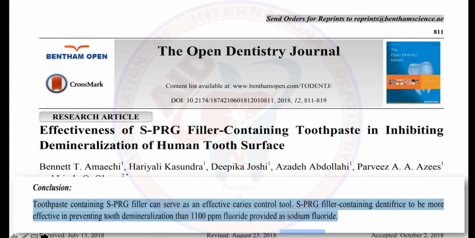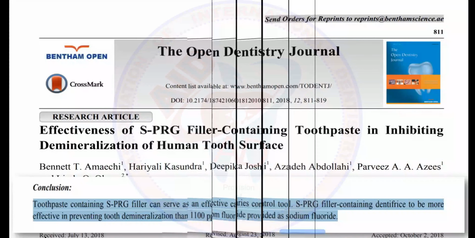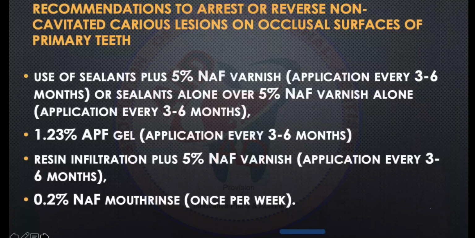Another study is one in which it has been added into a toothpaste, and in that also it is effective. It is proven to be more effective in preventing tooth demineralization than 1100 ppm fluoride alone. So if you mix it, it is more effective than fluoride again.